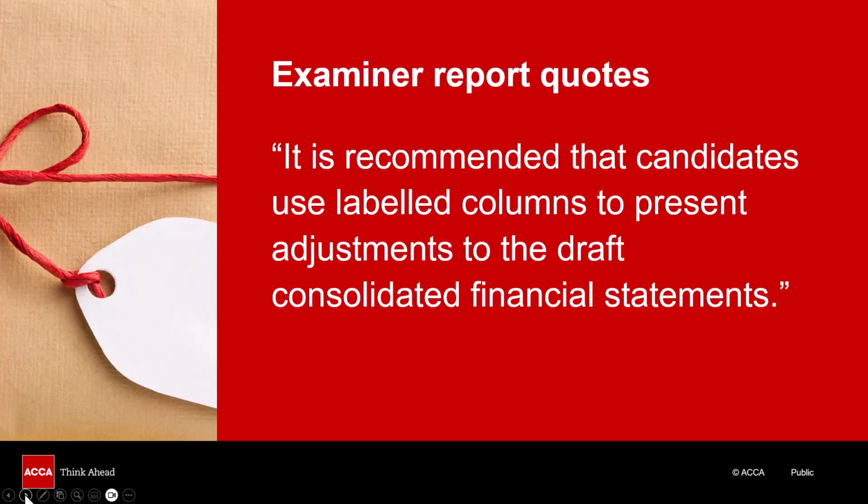Don't do it. Now, another thing that I have picked up from reading the examiner's reports is that effectively you want to be making friends with the marker. You're wanting to make your script easy to mark. So it is strongly recommended that you label the columns.